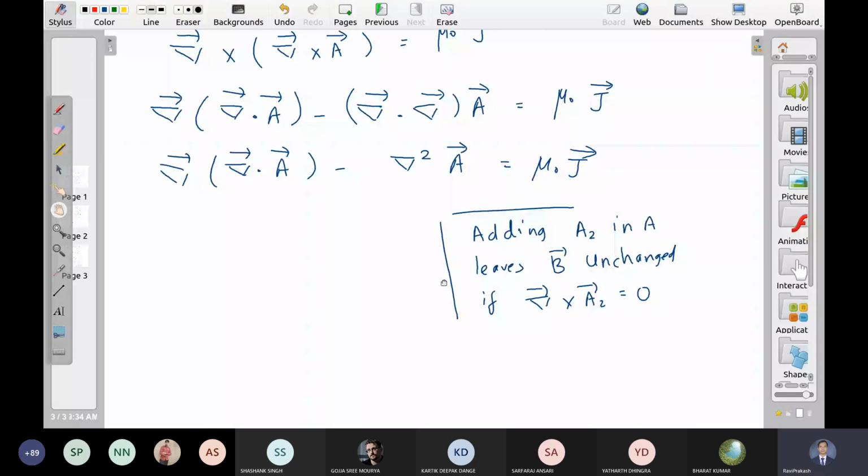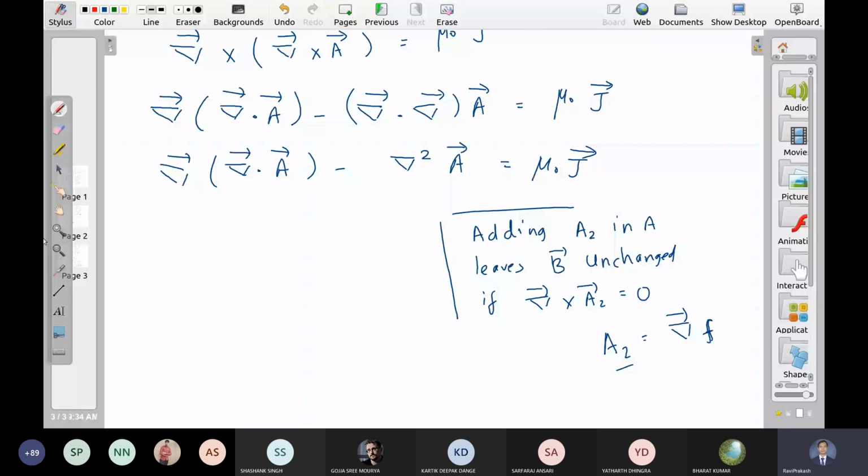A2 is like gradient of any scalar. Take any scalar, take its gradient, that is A2. This you can always add in vector potential. Now if we take its curl, it will always be 0 because curl of gradient is always 0.